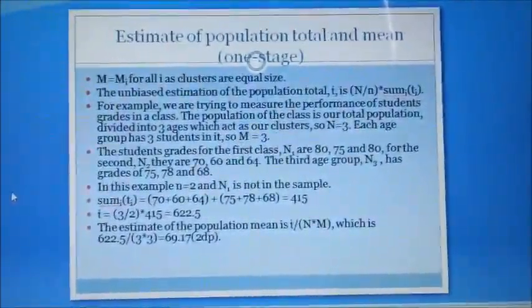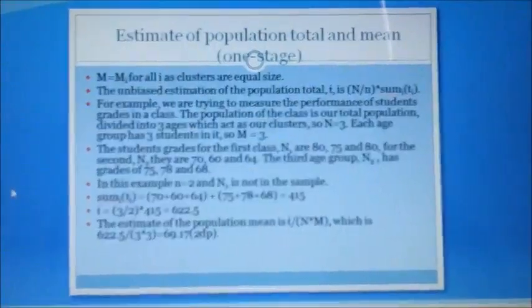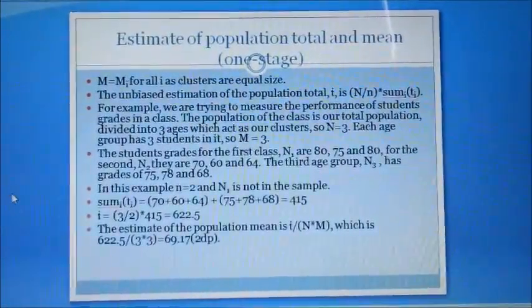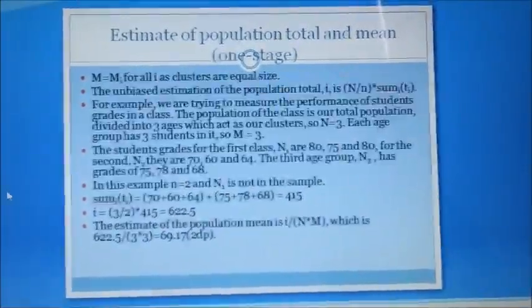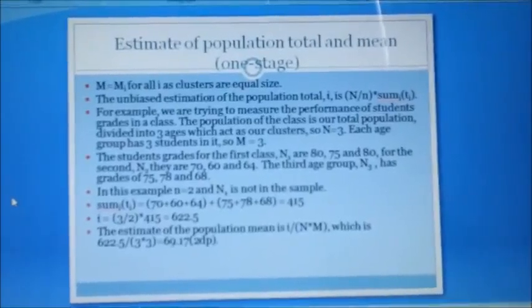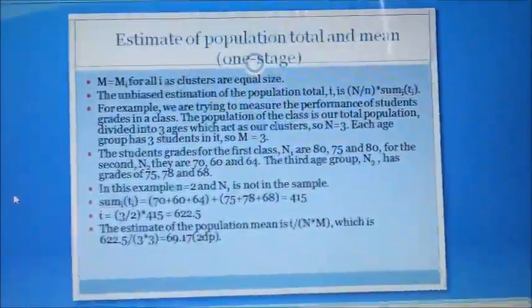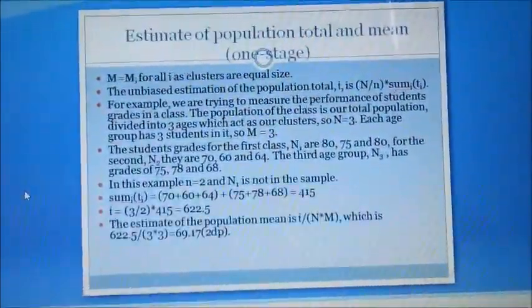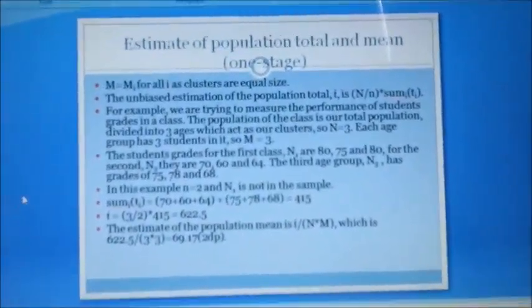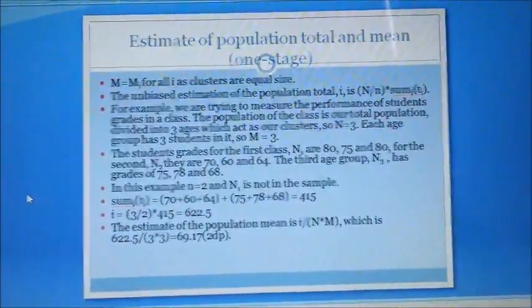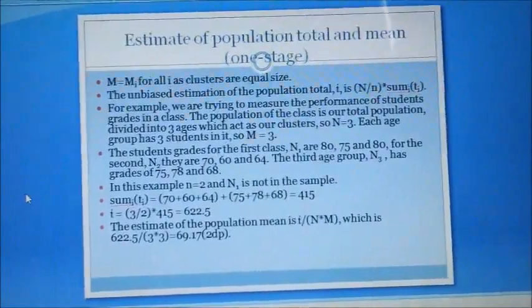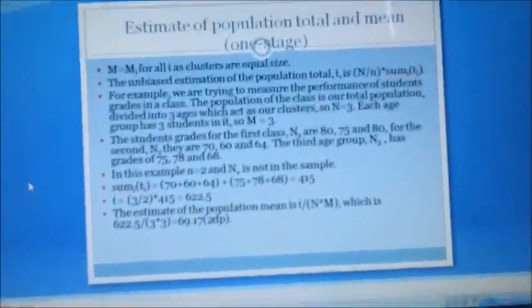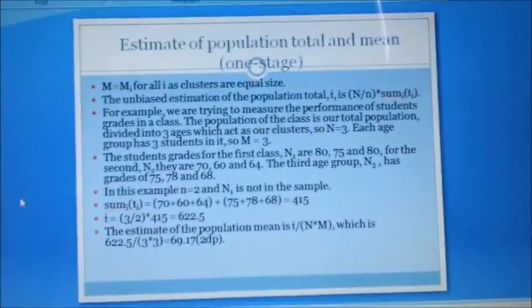In this example, let's say that we use 2 clusters, which means that N1 is not in the sample. So the sum of the Ti over all i's used in this sample would be the sum of the elements from clusters 2 and 3, which is 70 plus 60 plus 64, plus 75 plus 78 plus 68, which comes to a total of 415.